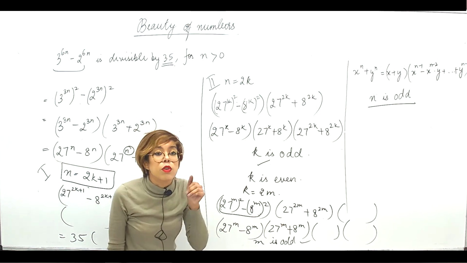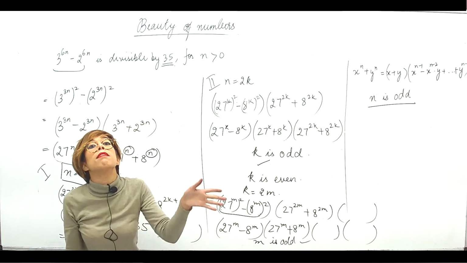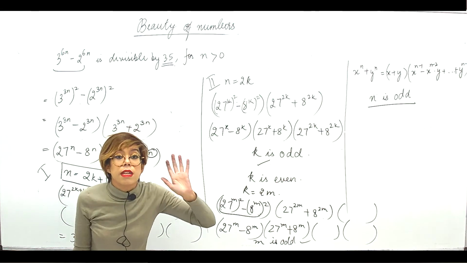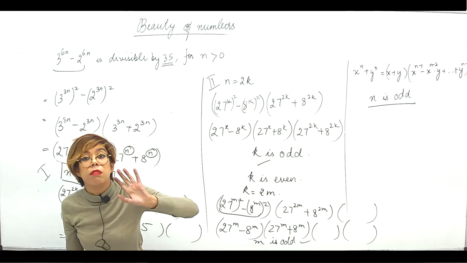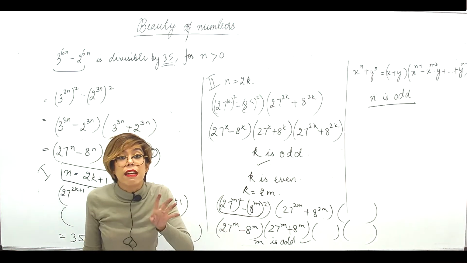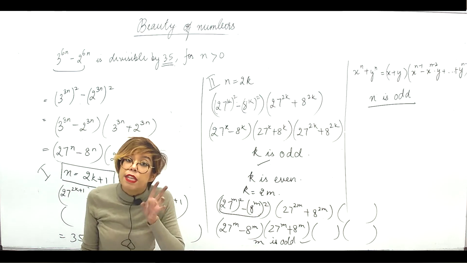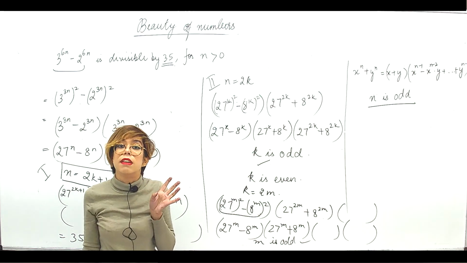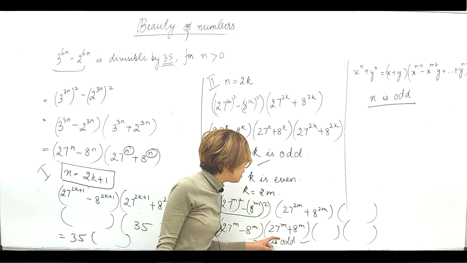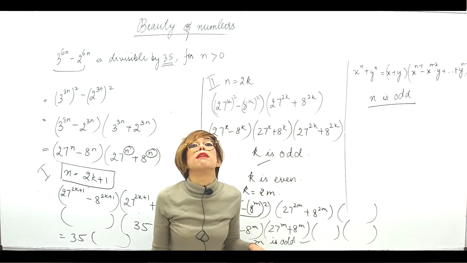Maybe after 2 steps, maybe after 3 steps, maybe it will take me 10 steps. Maybe 2 raised to power 10 is there, it will take me 10 steps to take out 2 common. I will do it again, but at the end, I will be left with the odd number. Now, if the odd number is there, definitely my factor will be 27 plus 8, which is 35.